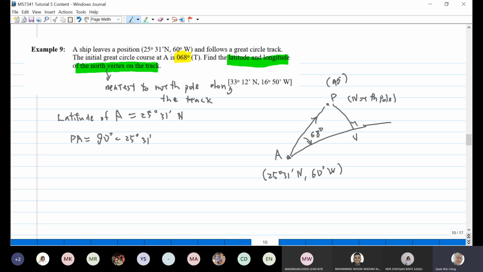So you press the calculator and you find that this is 64 degrees 29 minutes. That means this distance here, PA, is 64 degrees 29 minutes.